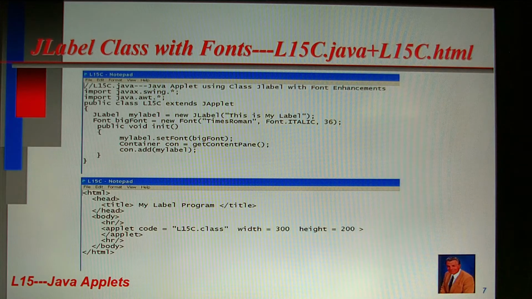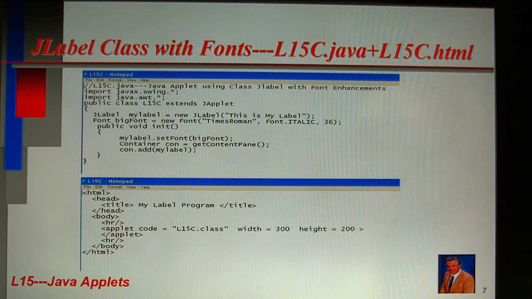Next, look at the other computer program instruction within the init method definition that has been added to enhance computer program model L15B.java, and which coordinates with the creation of the bigFont class instance, namely mylabel.setFont(bigFont);. Here the class instance mylabel uses the setFont method to change the font for the display of mylabel, which is, this is my label.